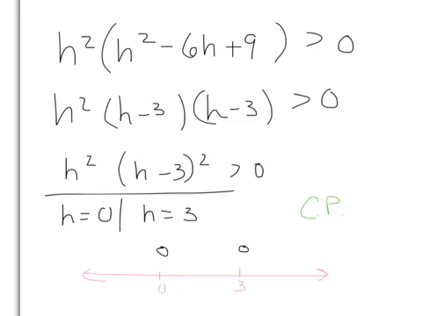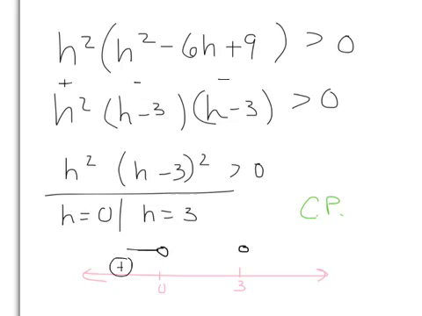I'm going to test it in the factored form right here. What's -1 squared when I square it for the h? +1. What's -1 minus 3? -4. So a negative times a positive, and that times a positive is still positive. So this turns out to be a positive region.